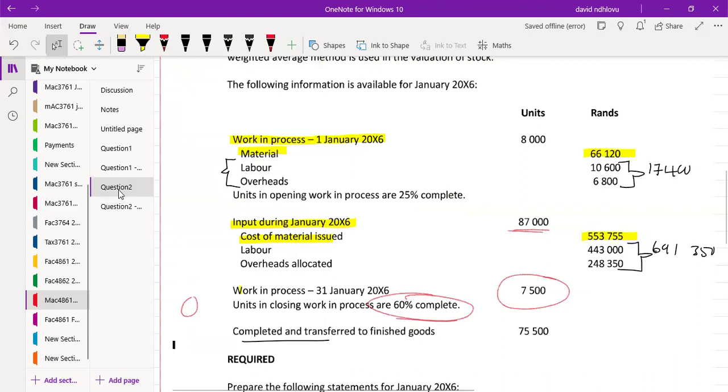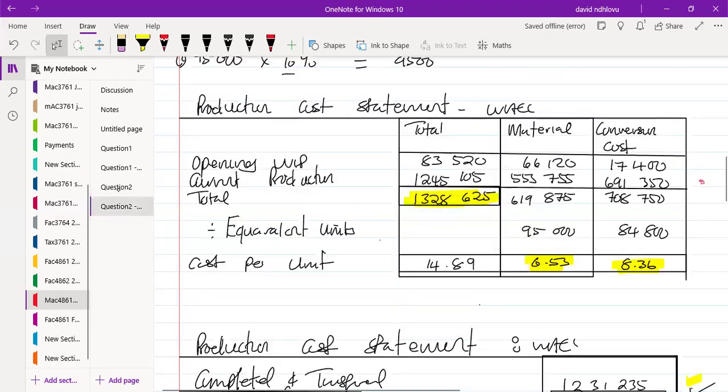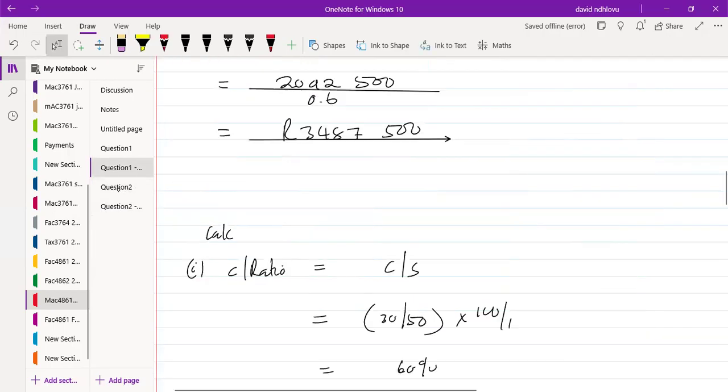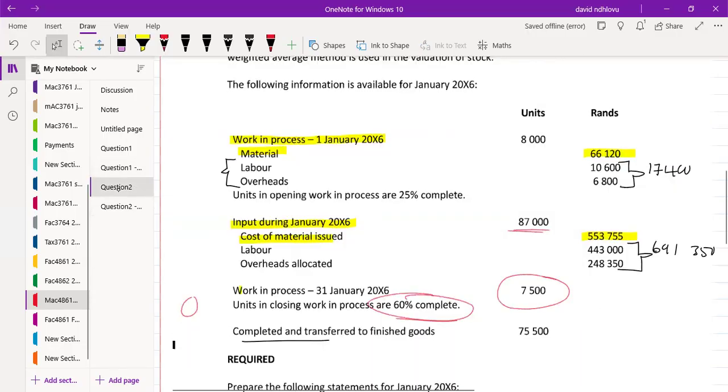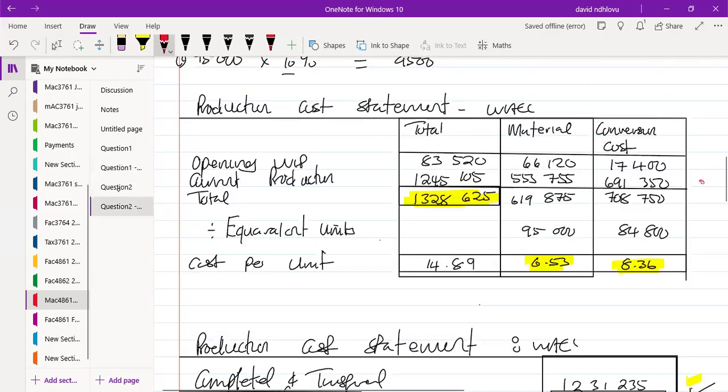And then 443,000 plus 248,350, and then plus 553,755. That looks correct, né? Maybe it's the opening, I don't know. Let's see. Opening, that's 10,600 plus 6,800 plus 66,120. That gives me 83. So that is 83 plus 1245, 105. It still gives me the same.